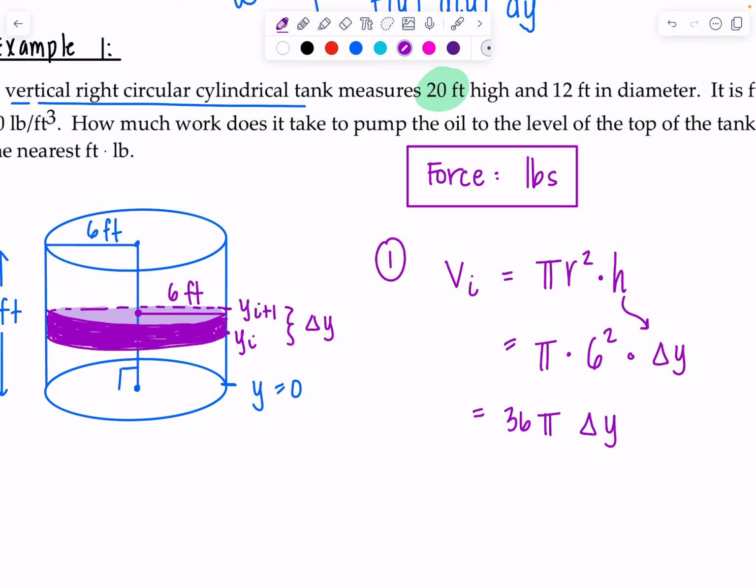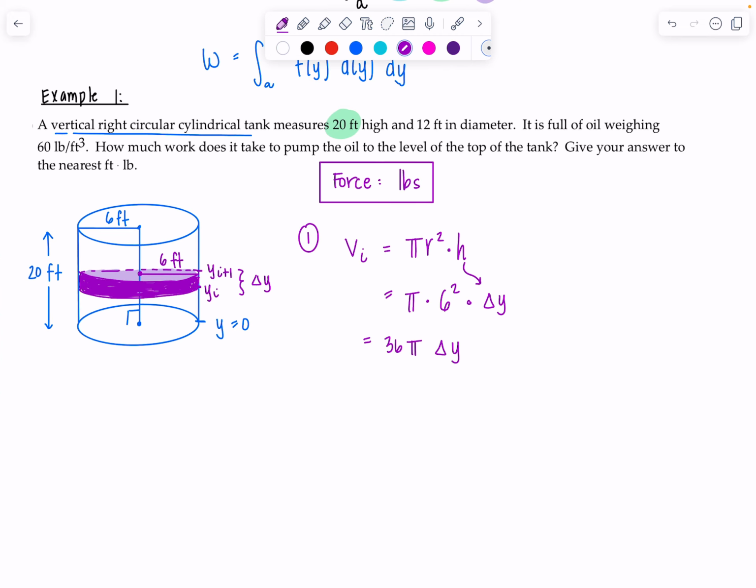And please put some units on it. This is the key. Volume units are always cubed, and everything's in feet. So pi r squared h would end up as feet cubed. Good? That's step 1. Get V sub i. Always start with volume, always, for these problems. Okay, what's the next step?